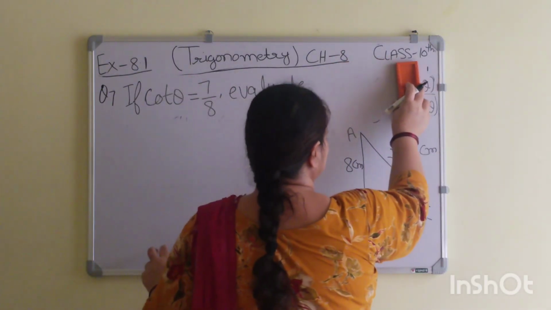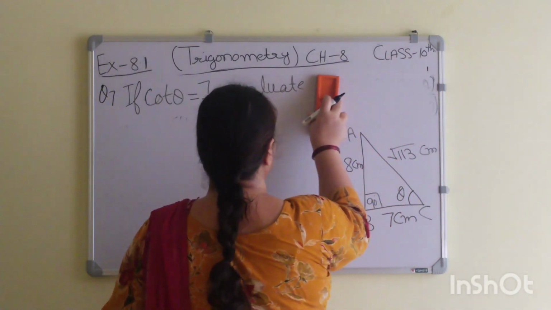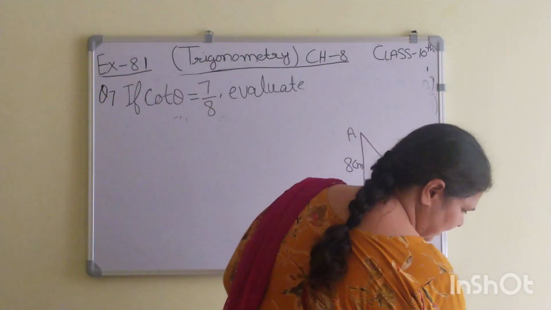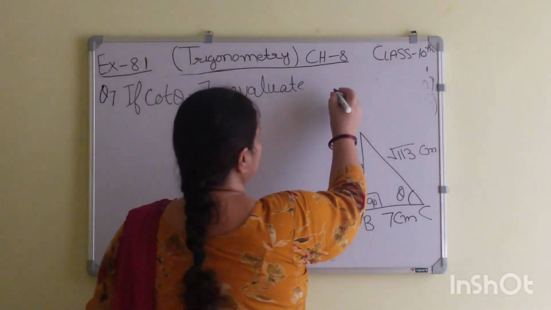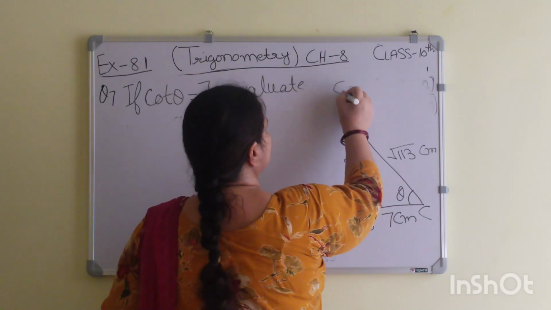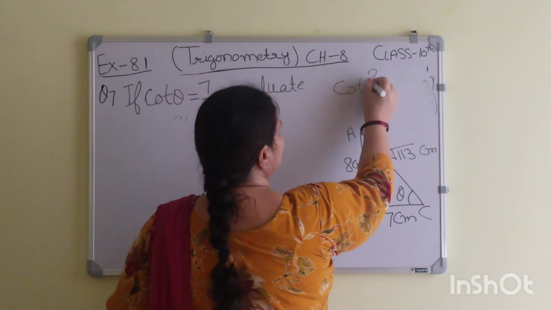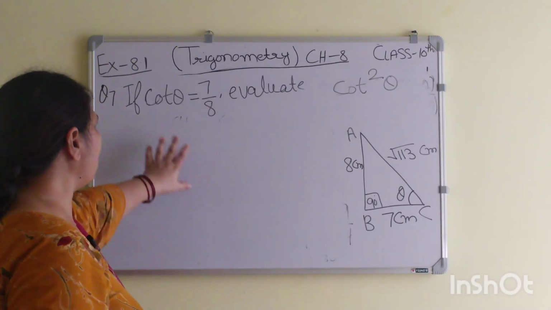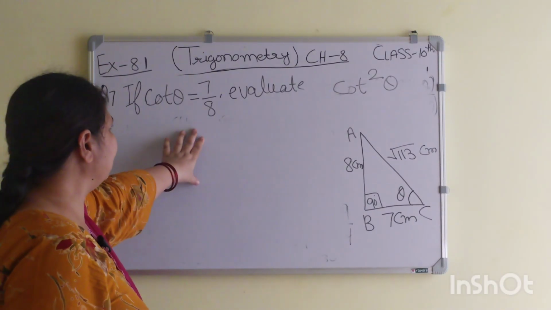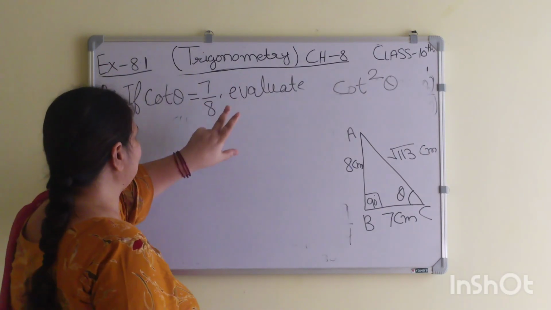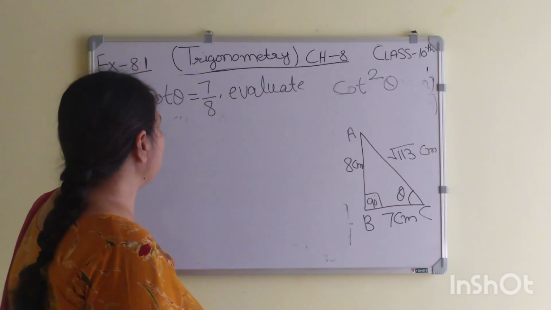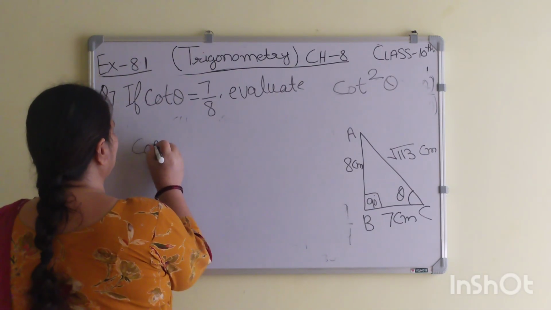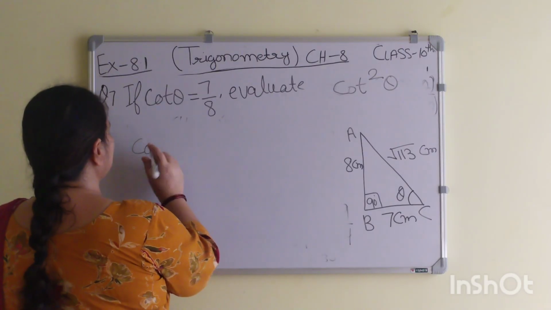Next part of this question. In the next part we have to find out cot square theta. So students, cot theta is given equal to 7 upon 8, so we can easily find out the value of cot square theta.